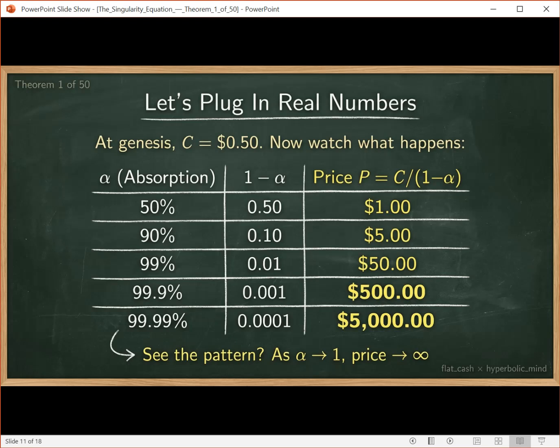Yeah? So as alpha gets closer and closer, the denominator gets smaller and smaller, and the division basically reaches towards infinity.